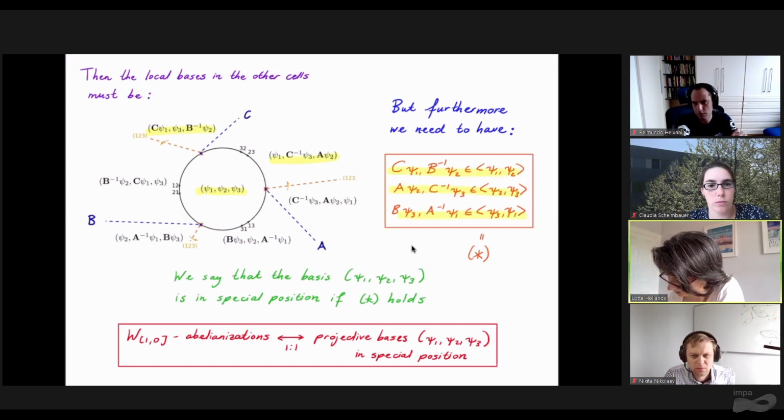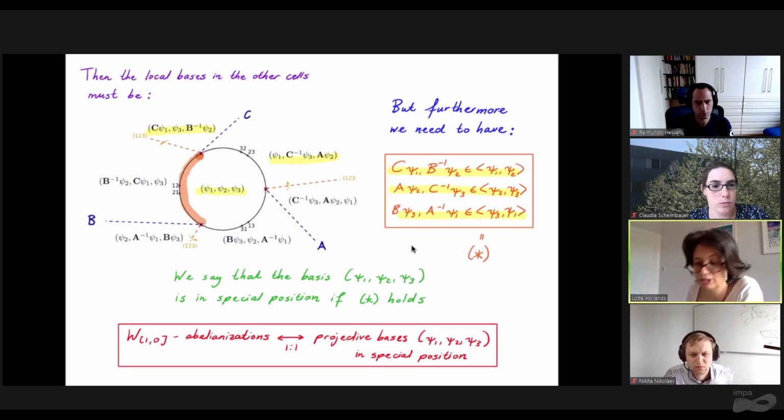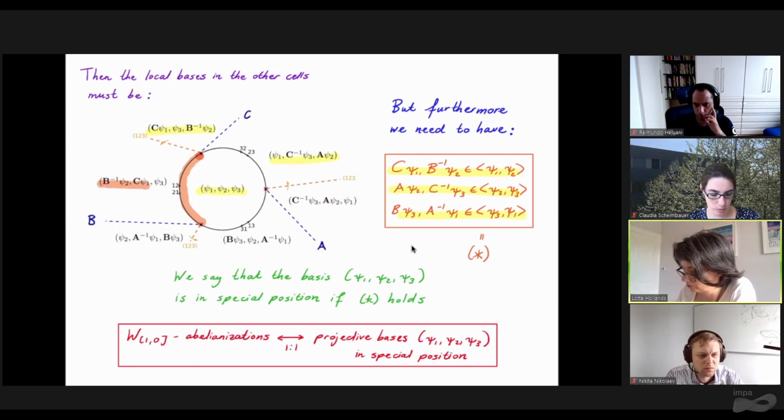Let me perhaps see this a bit more clearly. So suppose that we, for instance, consider the gauge transformations across this particular trajectory, then they need to be of a unipotent type for a single trajectory. Since we have a double trajectory here, we get a composition of two unipotent matrices, and those imply that these two basis factors, B inverse times psi2 and C times psi1, should be in the span of these two basis factors here.